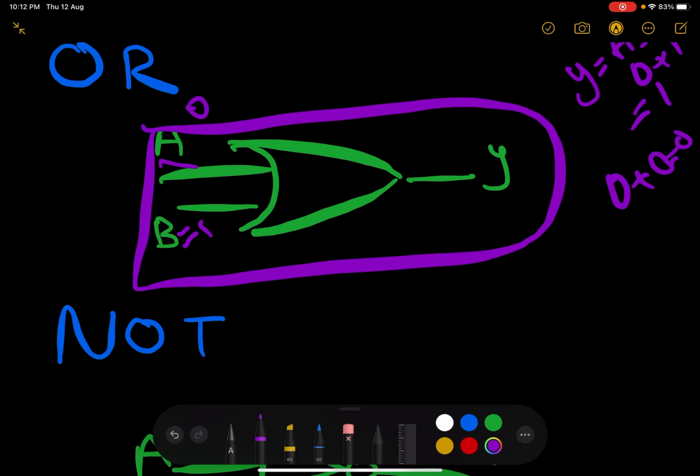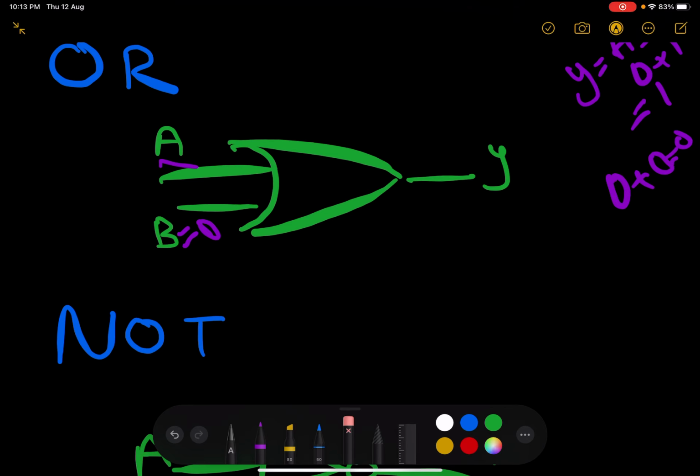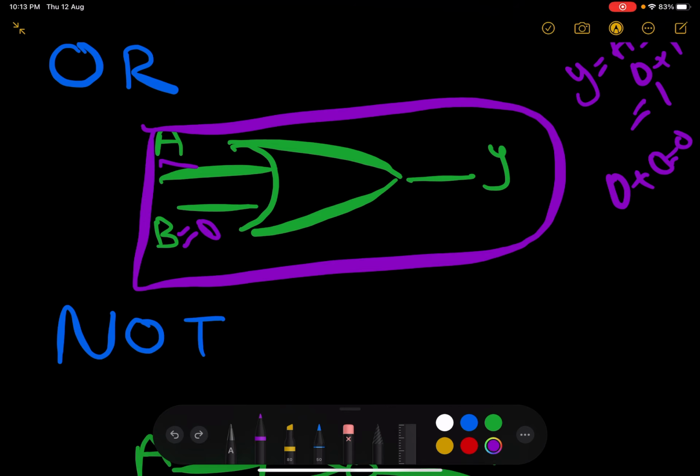Also if you flip these two, A was 1 and B was 0, you'll also get 1. But the trick and difference here is that if both of them hold the value of 1, you will get 1.